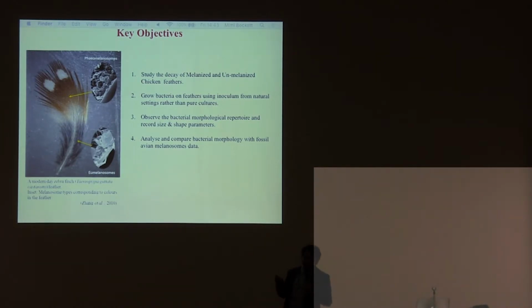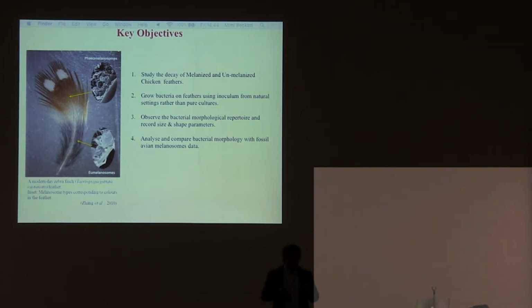We studied the decay of pigmented and unpigmented chicken feathers, and we used a bacterial inoculum from natural settings which mimicked the ancient Lagerstätten settings, and then we grew bacteria. Now we observed the bacterial morphological repertoire.